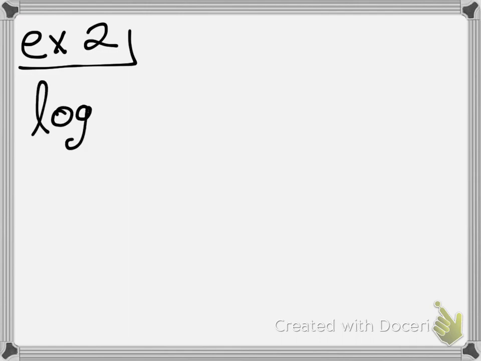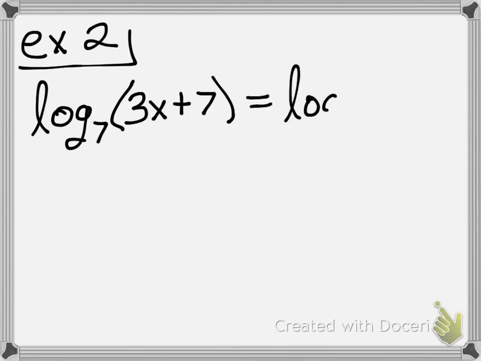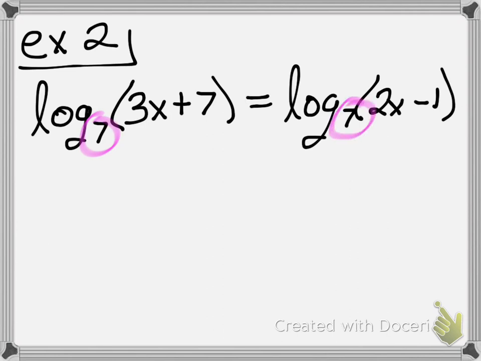Now, the second example here is probably going to be one of your favorite examples. When we have logarithms on both sides of the equation, it can make our lives a lot easier. If you notice, the base of both of these logarithms is 7.